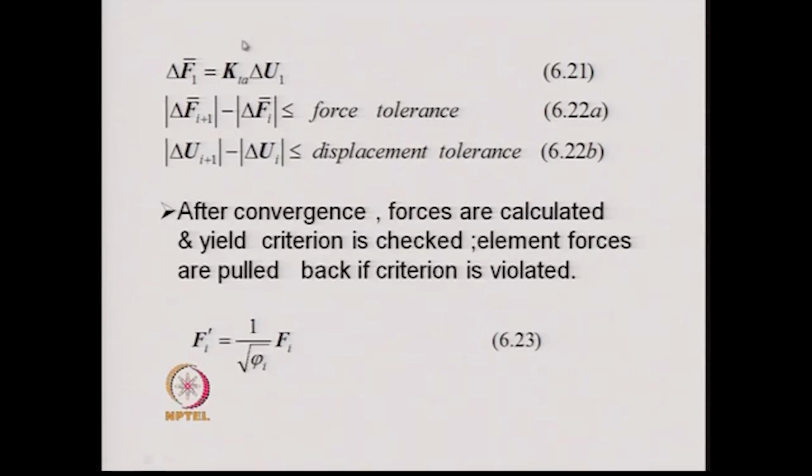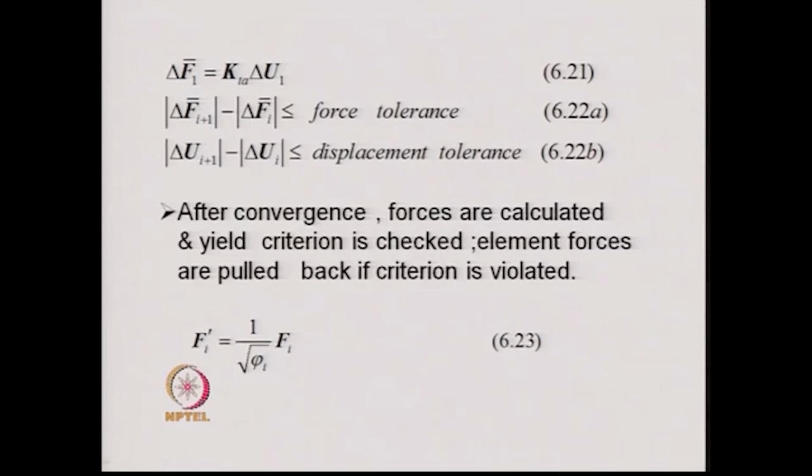each one of the columns is checked, and if it is found that phi I is greater than 1, then the element forces are pulled back, and this pulling back is done by this equation, that is, the new force in the element, Fi dash, is equal to the previous force Fi divided by the square root of phi I, and phi I here will be greater than 1 obviously.